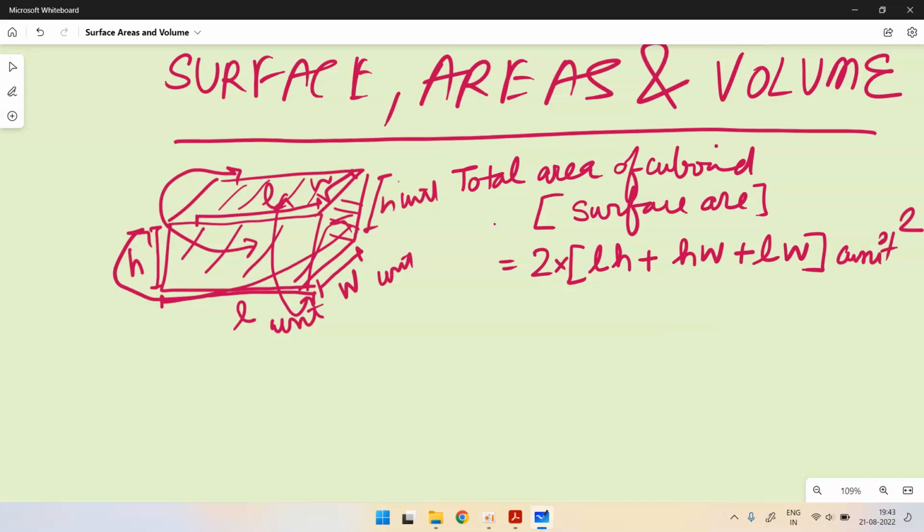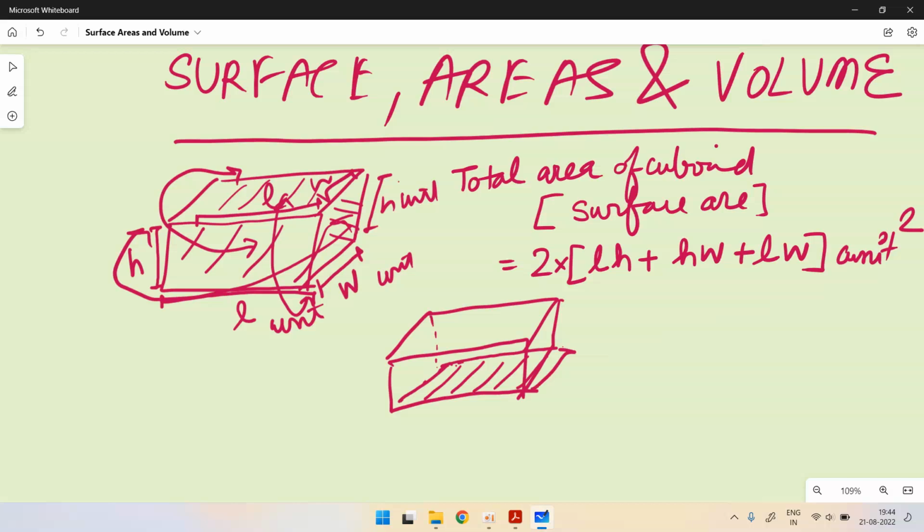How will you find the volume? Let us draw this figure again. Consider any one side as the base. Suppose I am considering this as my base.